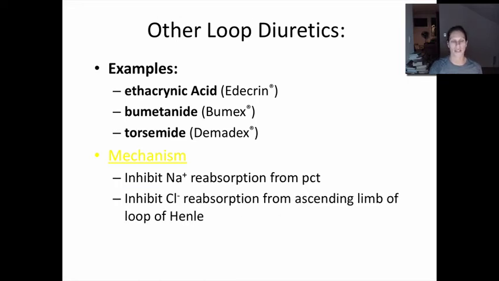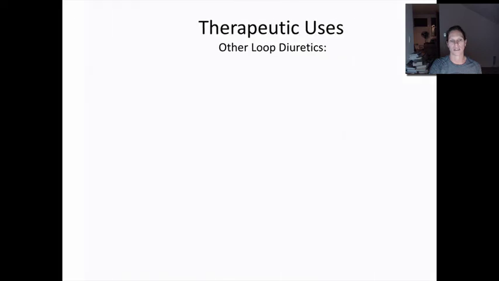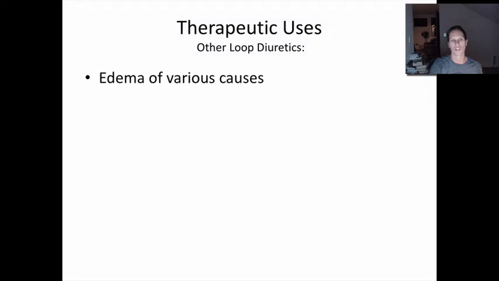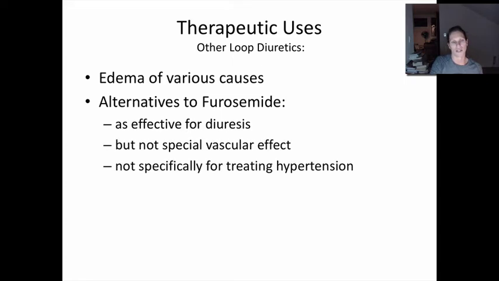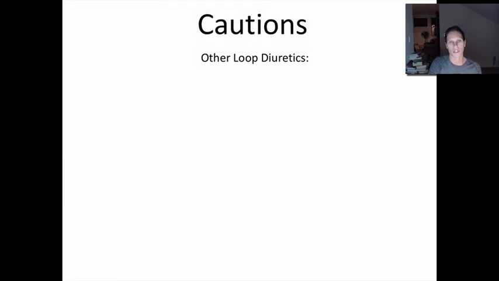The important thing is they block that big co-transporter at the top of the loop of Henle in the same way furosemide does. So they're going to be used for similar therapeutic uses with the exception of the vasomotor effect. So if someone's got a lot of edema, including heart failure, they're just as effective, but they don't have that vascular effect. So they're not specifically good for treating hypertension or acute pulmonary edema.